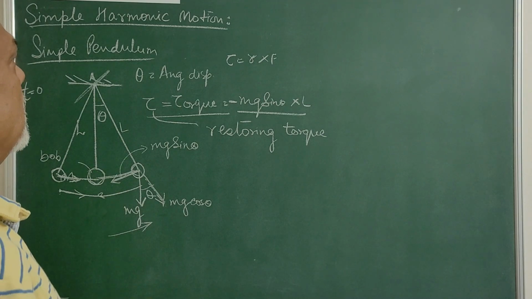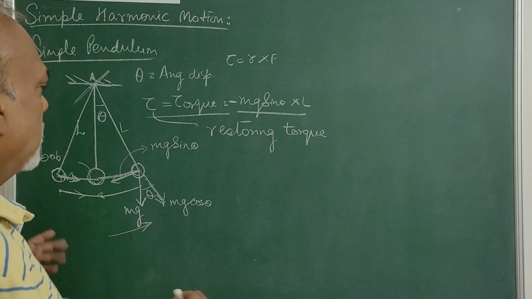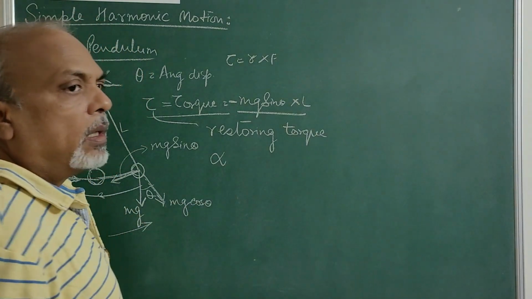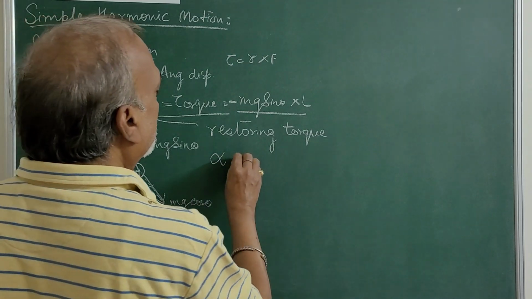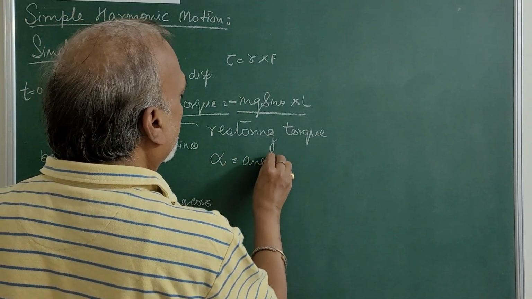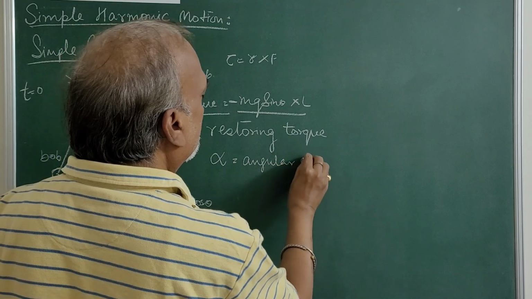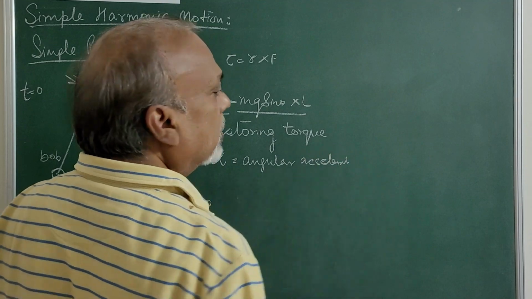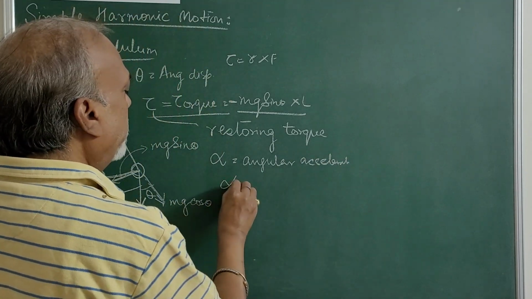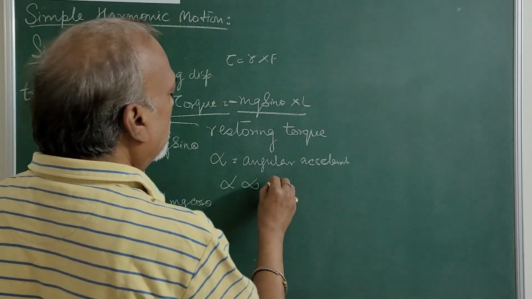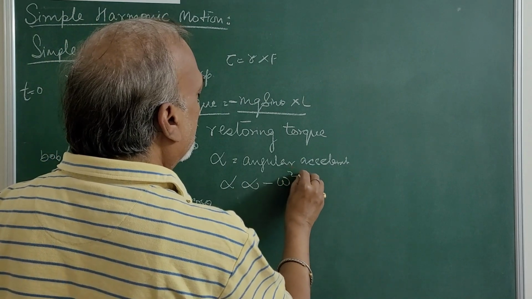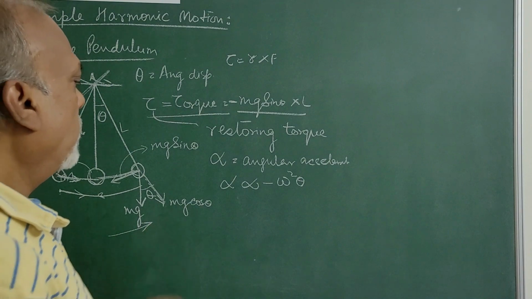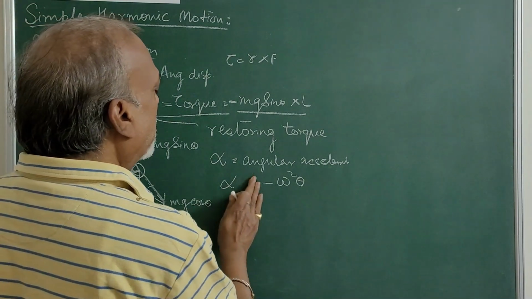Now, in our last lectures, we have also seen that angular acceleration must be proportional to minus omega theta. Correct? Or you can say this is equal to minus omega squared theta.